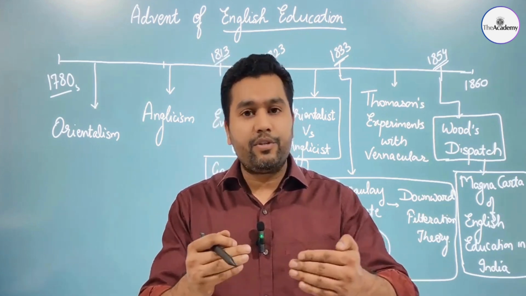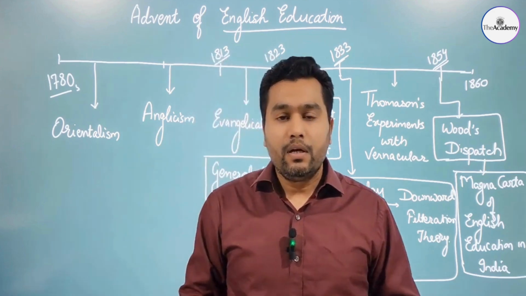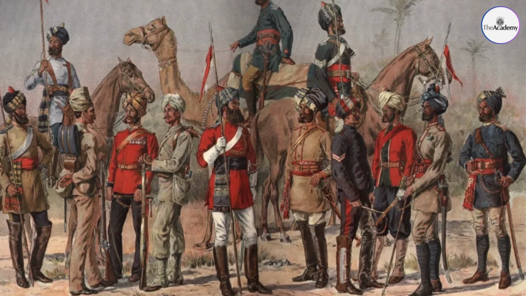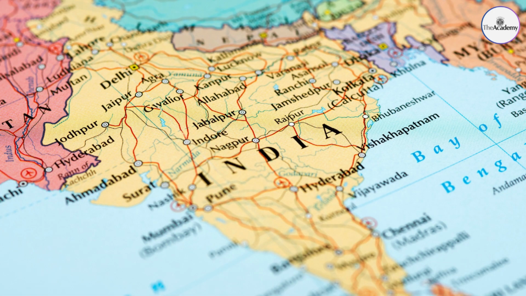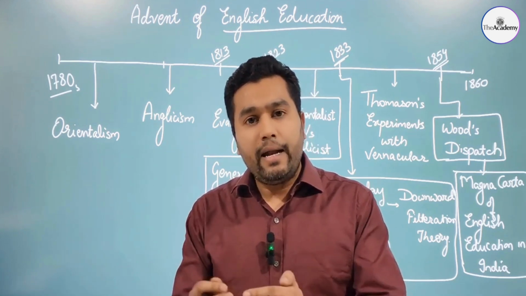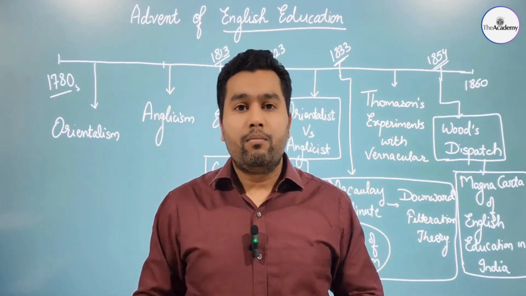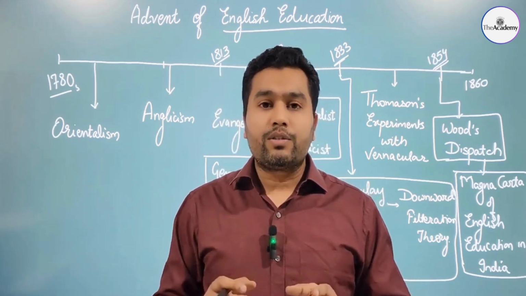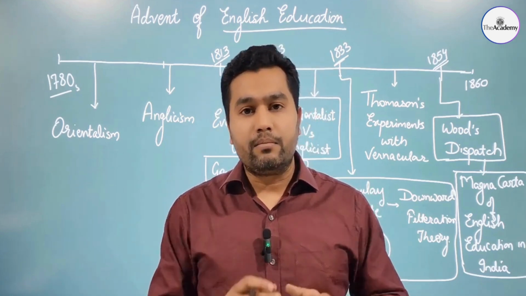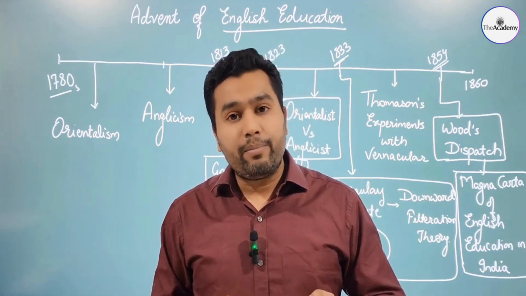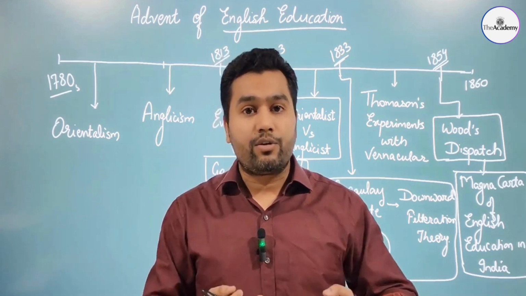Let us understand the difference between the two. Now, the British who came to India and got political control over India initially were dependent upon Indians in administering the Indians. For example, Muhammad Reza Khan was the Naib Nazim. The English were dependent upon deputy divans for collection of revenue.